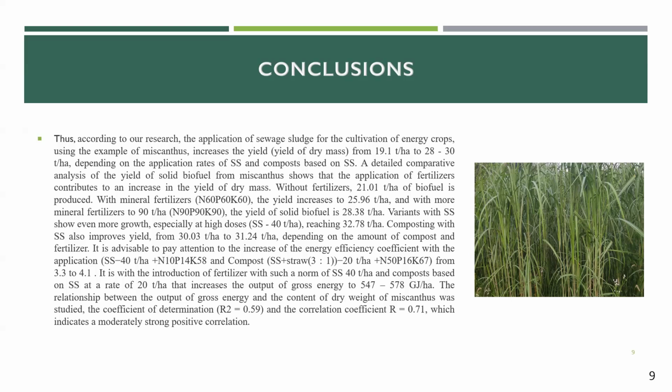Composting with CC also improves yield from 30.3 tons per hectare to 31.24 tons per hectare, depending on the amount of compost and fertilizers.